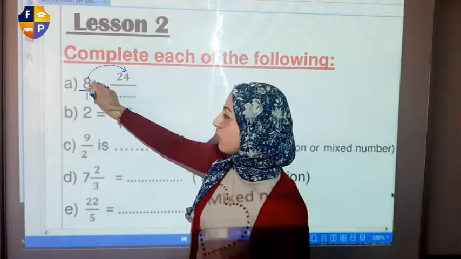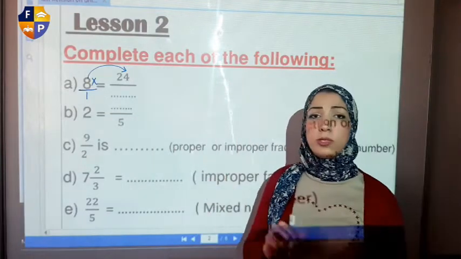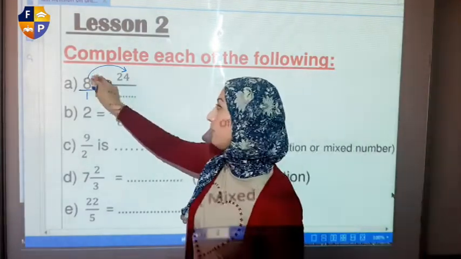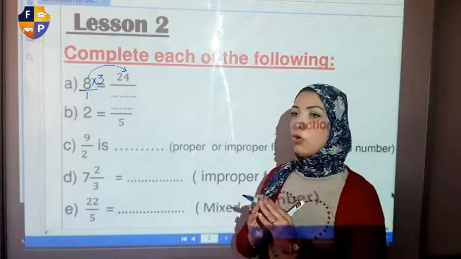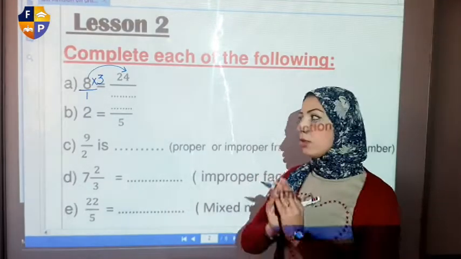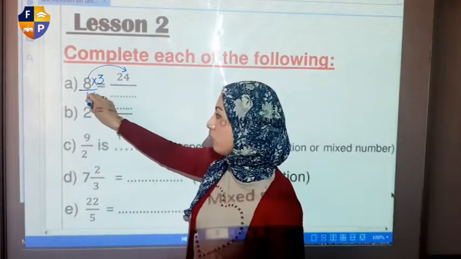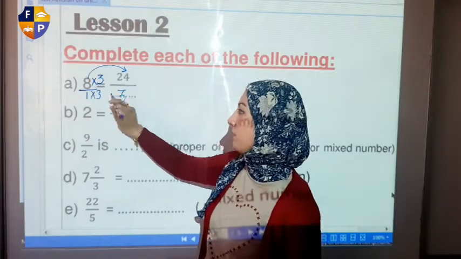So we will write both. And ask yourself, 8 times what equals 24? 8 times 3. And as we said before, if we do any operation in the numerator, you have to do the same operation in the denominator. So you have to multiply the denominator by 3. 1 times 3 equals 3.